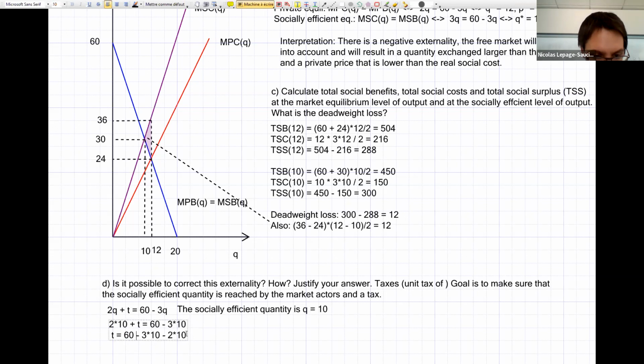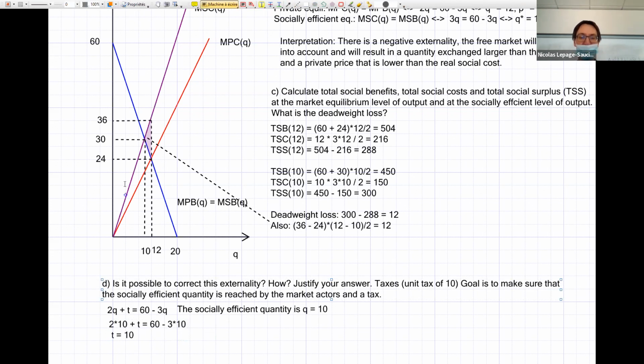So 60 minus 30 minus 20. So T equals 10. So the unit tax of T. It was a bit higher than 1, but yes. And so what this means is here we're going to have this 30 minus, so that's per V20.